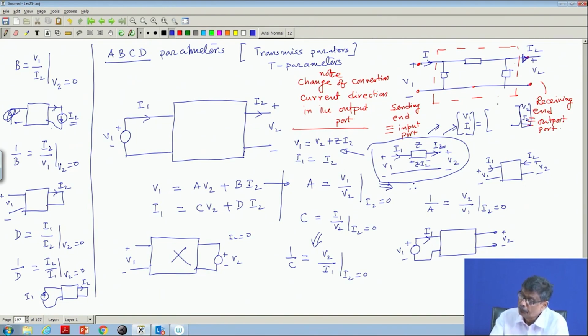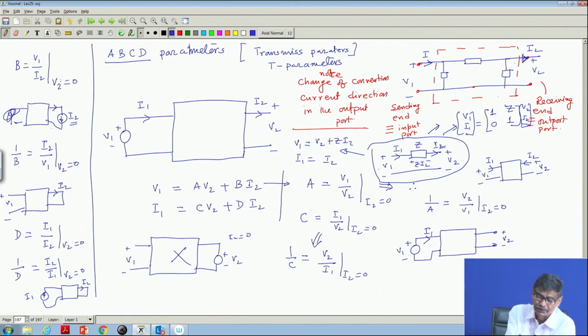V 2 into 1 will come here, Z will come here, there is no V 2 in the second side. This will be the ABCD parameters of this simple transmission line.